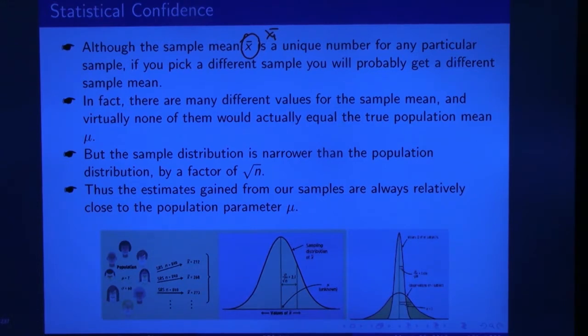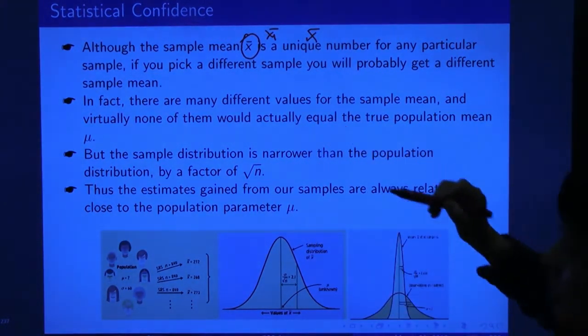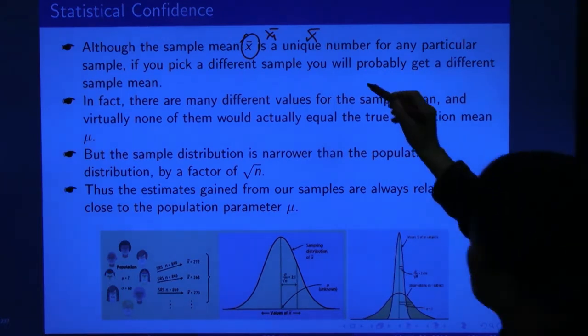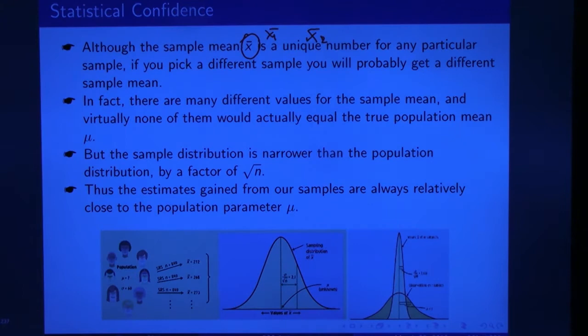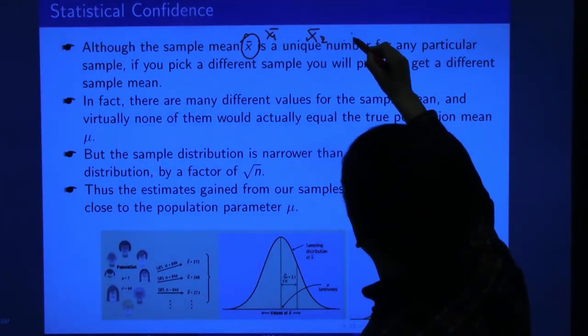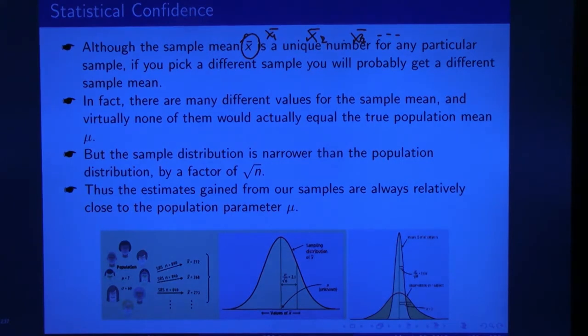But if you choose a second sample, for example, I choose another class, another sample, and we also discuss the mean GPA of that sample, that is for the second sample, so we are going to get x2 bar. And we can do the same thing for x3 bar and so on, we get a lot. And we have every reason to assume that all these x1, x2, x3 bars, these means of the samples, are different.